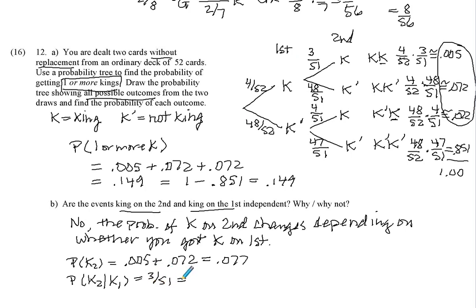And that is 0.059. It's like 0.0588 if we round it, 0.059. Okay, and these are not equal. So that means that they are not independent. One event has an effect on the probability of the other. That's the general idea. All right, that should wrap it up.